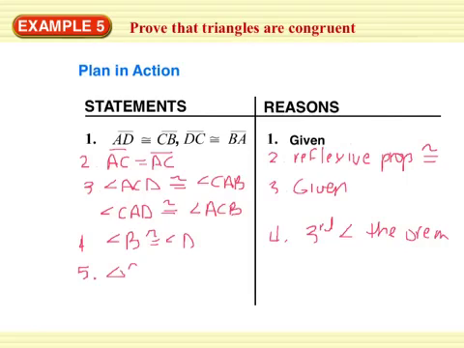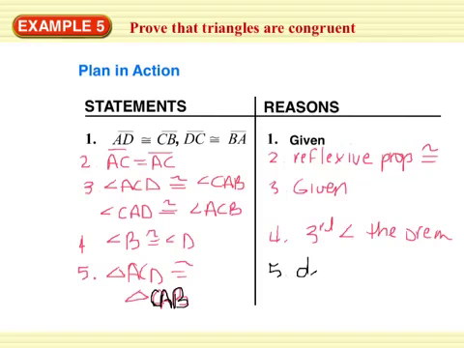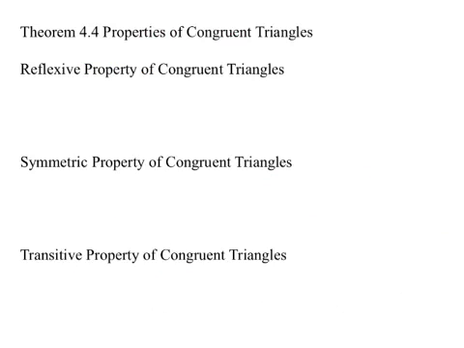So then we know that triangle ACD is congruent to triangle CAB, because of the definition of congruent figures. We learned that if all parts are congruent, the figures are congruent.